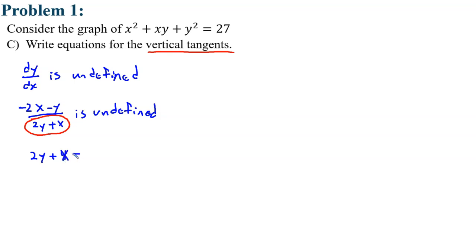Oops, not sure where the 4 came from there. Solve that for one of our two variables. Okay, again, I'm going to solve this one for the x because I don't want to deal with fractions. So we can minus 2y on both sides. That'll give us that x is equal to negative 2y.